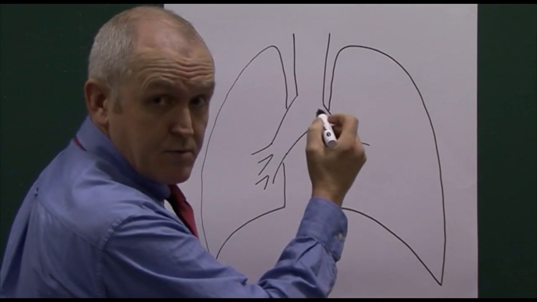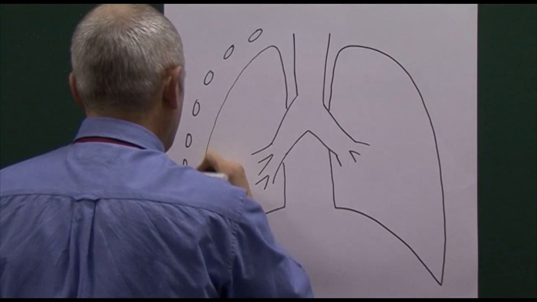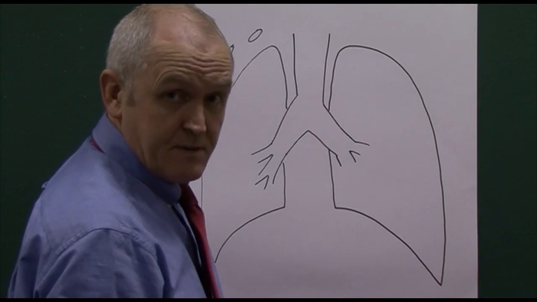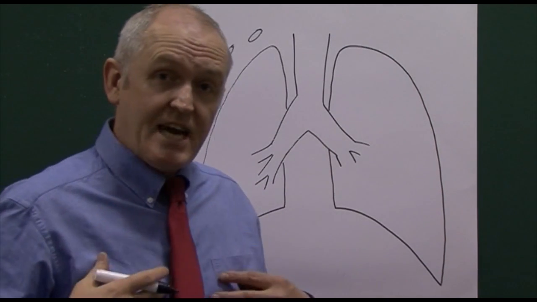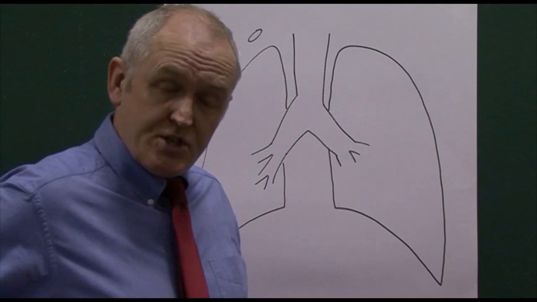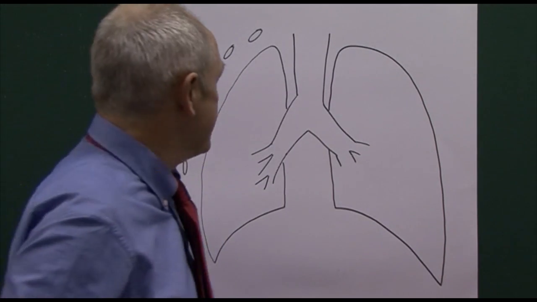How many ribs have people got? Well, there's 12 pairs of ribs. 10 are attached to the sternum via costal cartilages, and the other 2 on each side are called floating ribs. They're not attached.